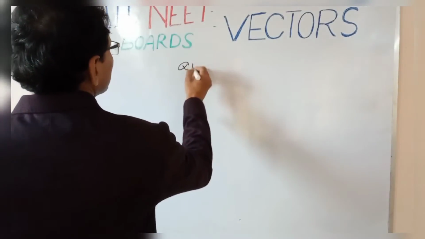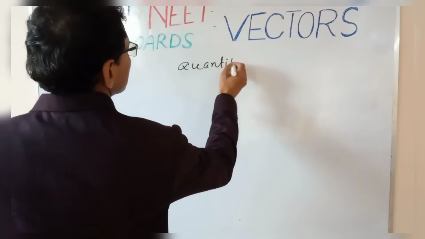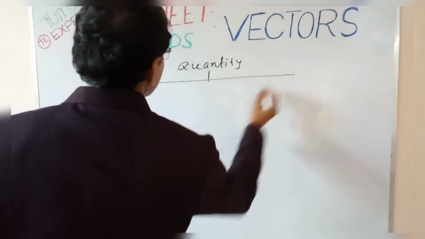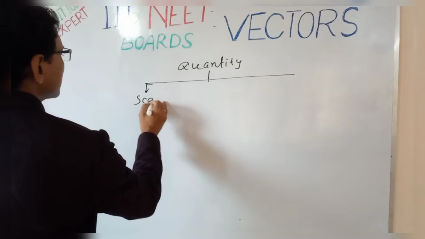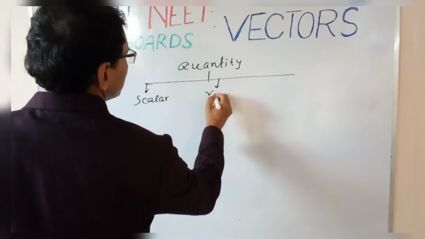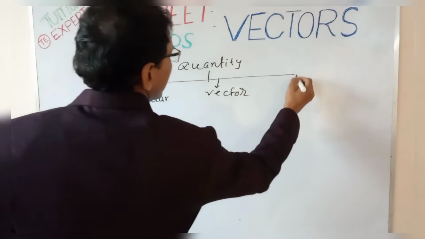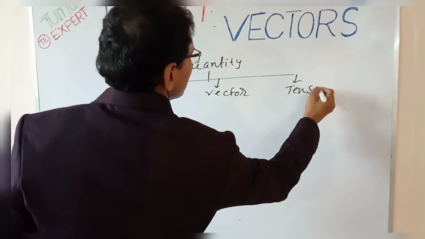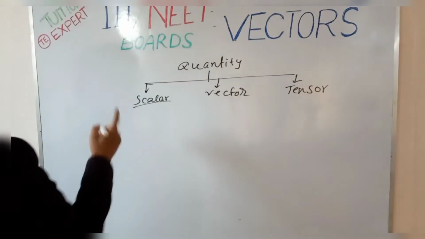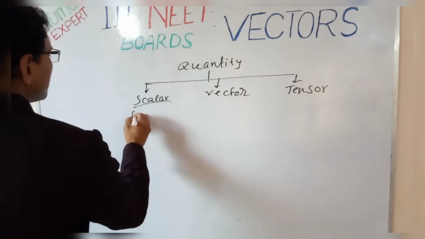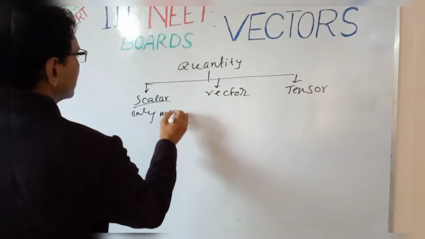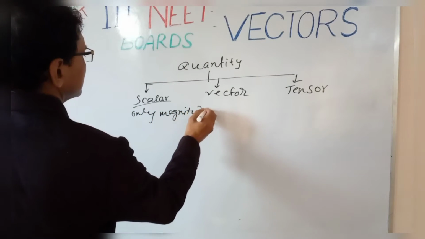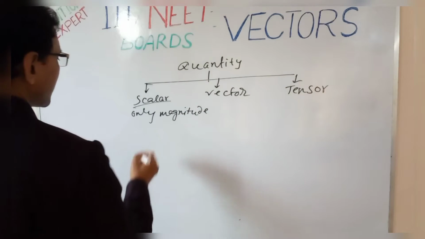The quantity: there are three quantities: scalar, vector and tensor. Scalar quantity has only magnitude. It needs no direction.